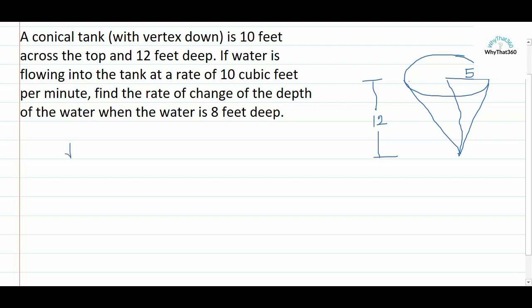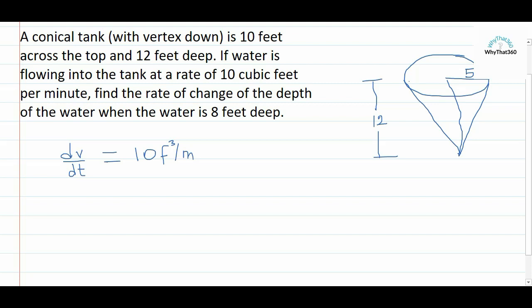It is the rate at which water is flowing into the tank, which is dV/dt, the rate at which the volume is changing with respect to time, and that is 10 cubic feet per minute.